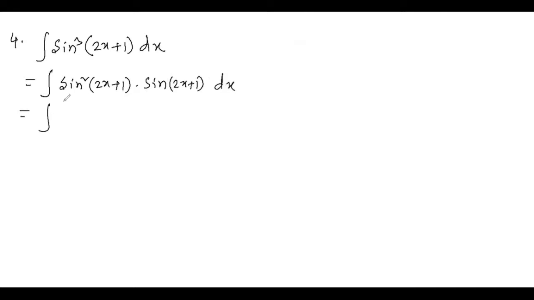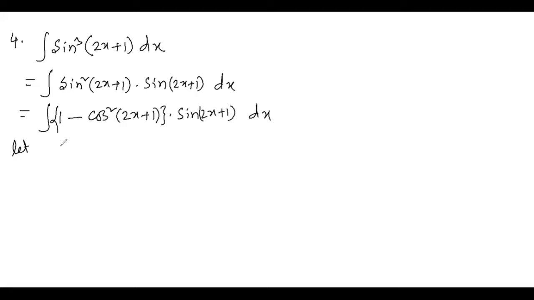Then sine square (2x plus 1), this one you can write as 1 minus cos square, since sine square theta equals 1 minus cos square theta. So cos square (2x plus 1), you can write this one, into sin (2x plus 1) dx.